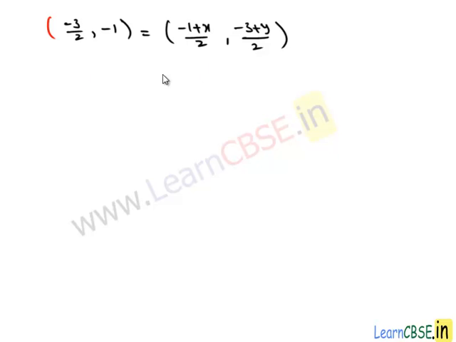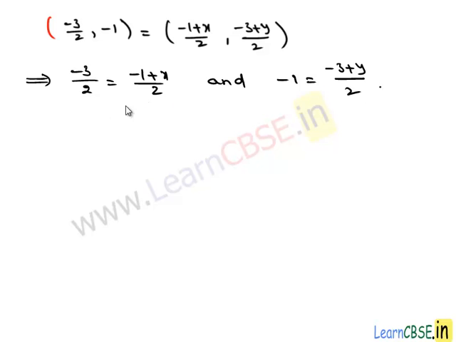To find the values of x and y, we equate their respective ordered pairs. That means the x coordinate is equal to the x coordinate on the right hand side, and the y coordinate is equal to the y coordinate on the right hand side. Both denominators 2 get cancelled. We remain with -3 is equal to -1 plus x. On transposing -1 to the left hand side, we get -3 plus 1, which is equal to -2.